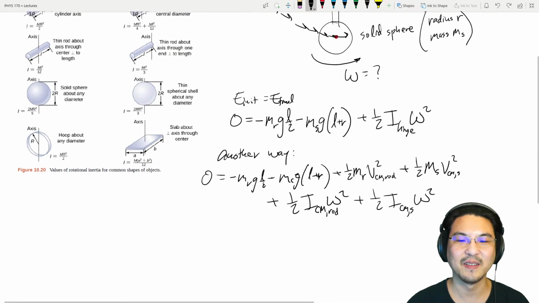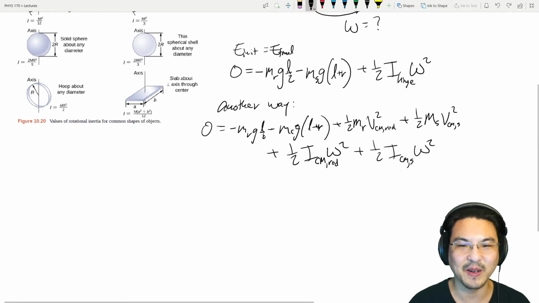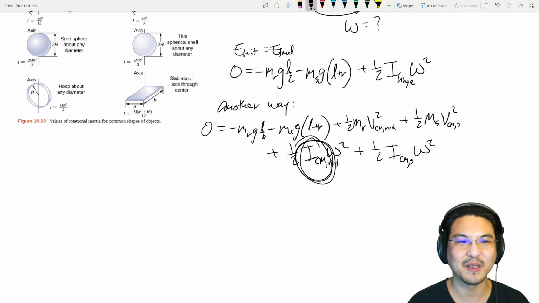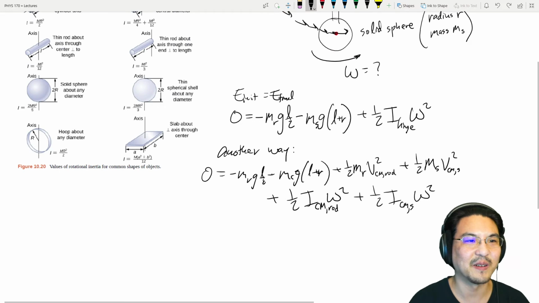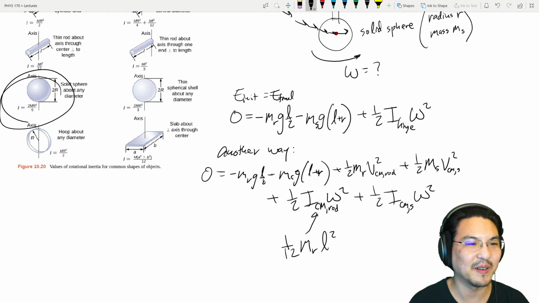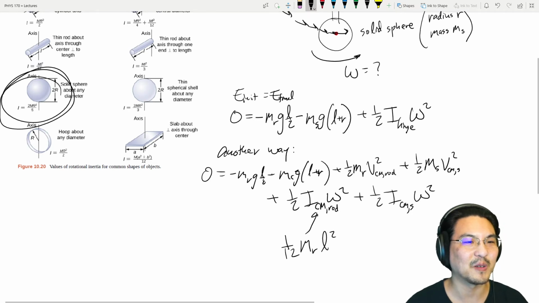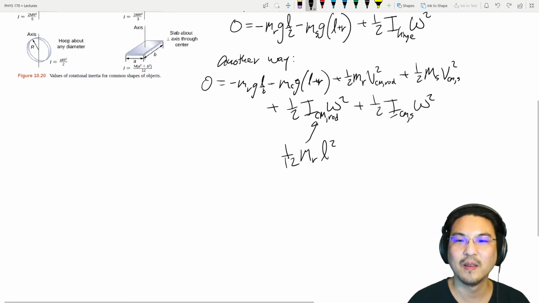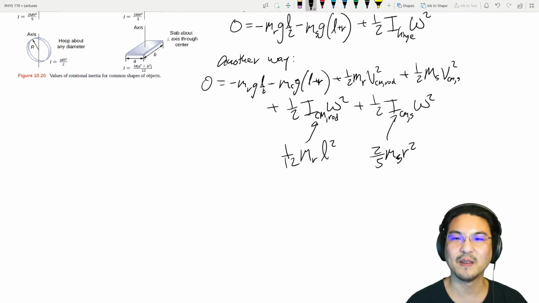Let's start here. The moment of inertia about the center of mass of that rod is right here, right from the table. This is 1/12 m L squared. For the solid sphere, right here, 2/5 m r squared.